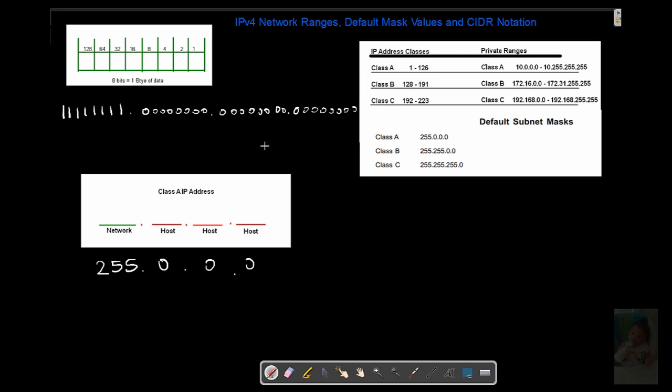That in a binary format is our mask value. Now let's get an IP address. Real quick, just to review, if this first bit right here is off, we know we're dealing with a Class A because we'll never reach 128 in value. It's always going to be less than 128, so we're in a Class A.